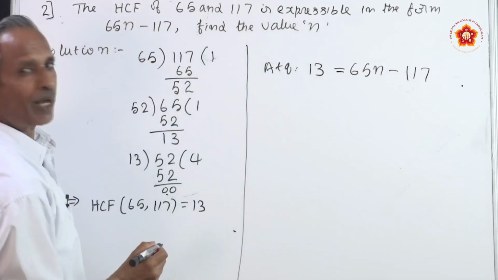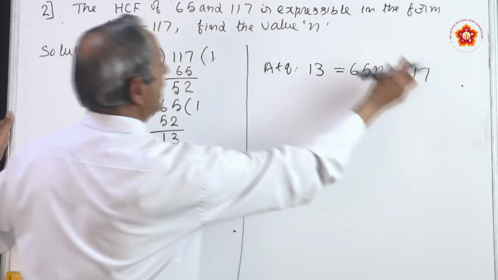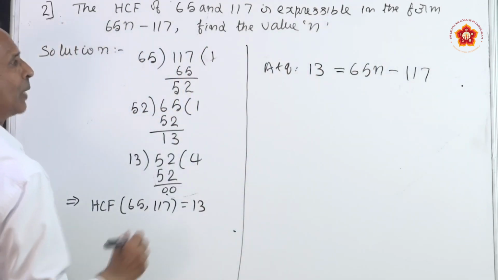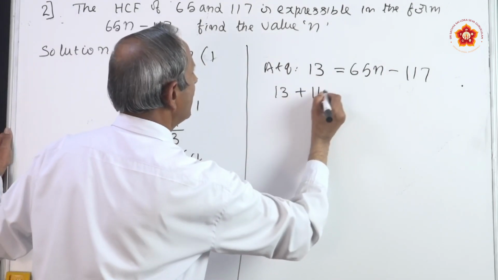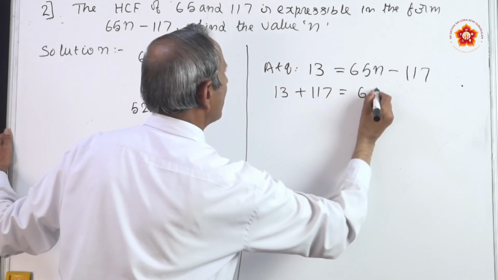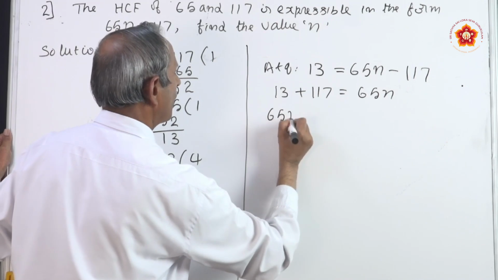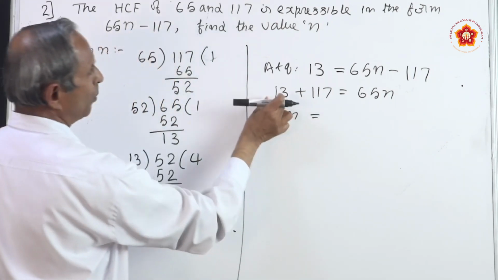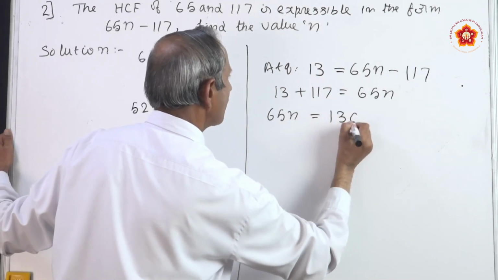Now we have to find the n value. Therefore, bring 117 from the right side to the left side. You will get 13 plus 117 equal to 65n, or 65n equal to, if you add both of these, you will get 130. Write 130 here.